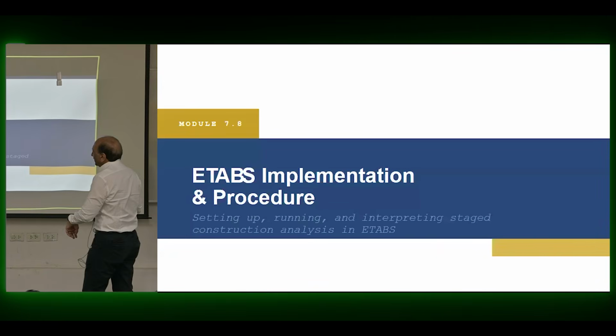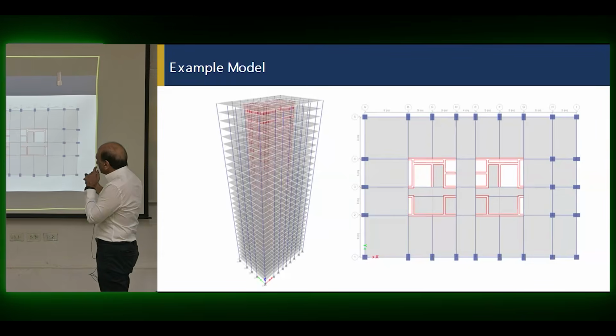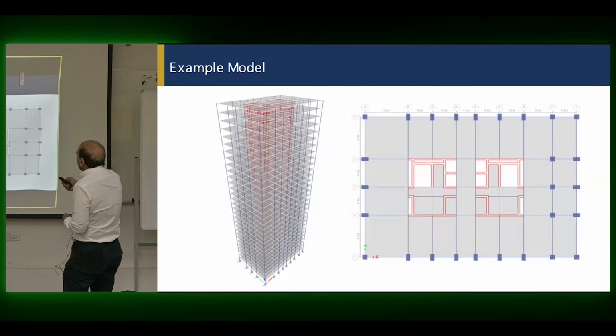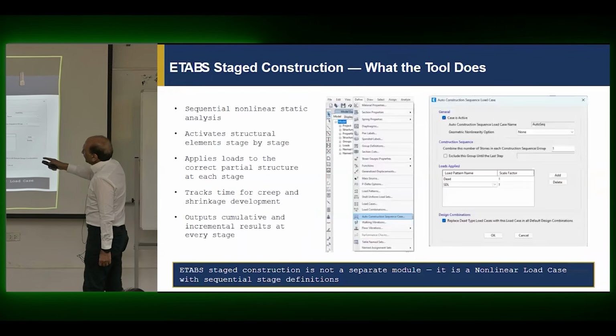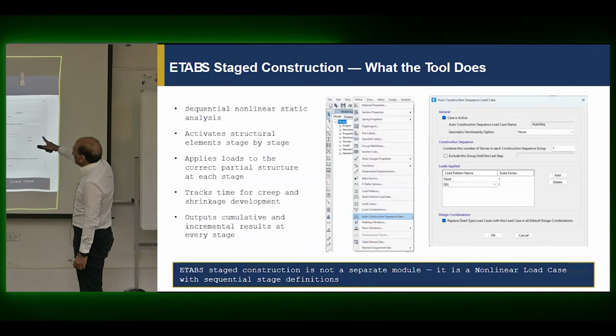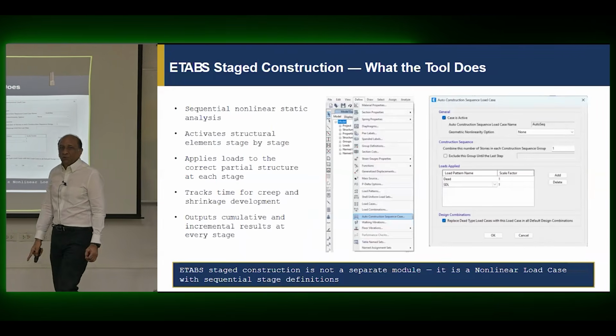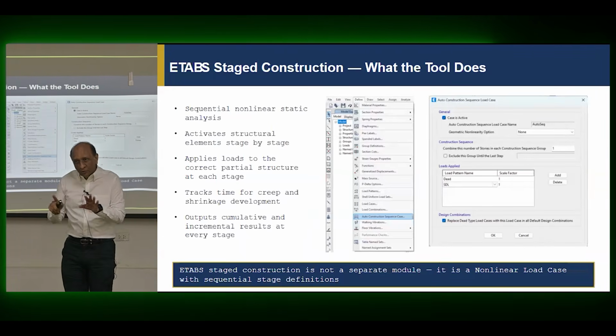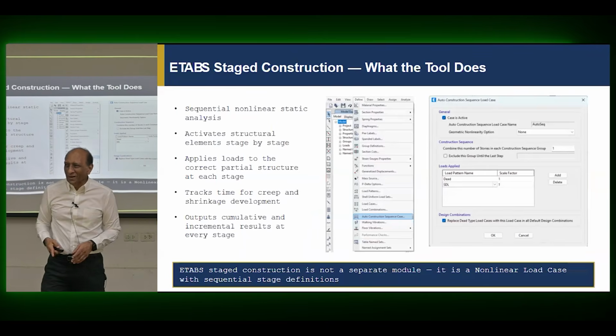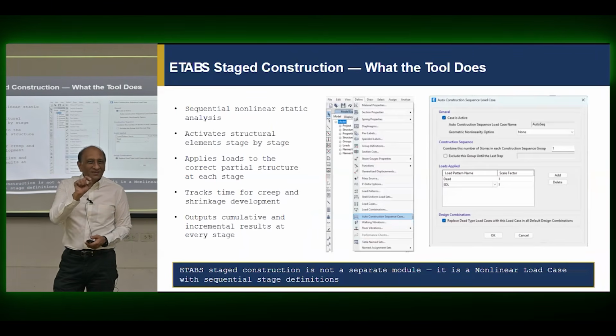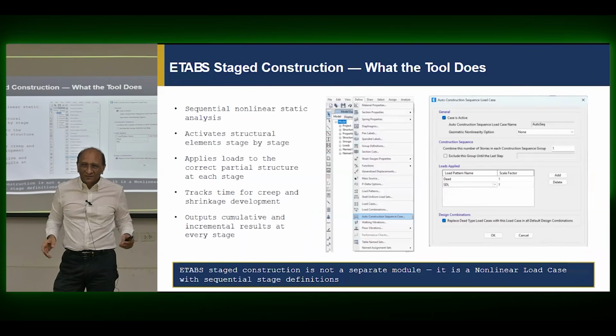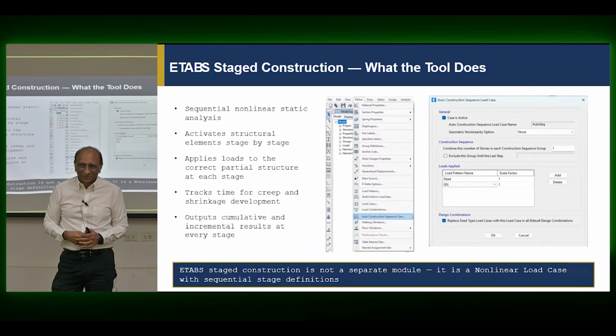Okay, ETABS implementation, last step. So this is the building sample model, and we are doing the model. First of all, construction stage analysis has 2 ways to do that in ETABS: your way and my way. Your way is to go there, choose auto construction sequence, press the button, go have coffee and see the results.